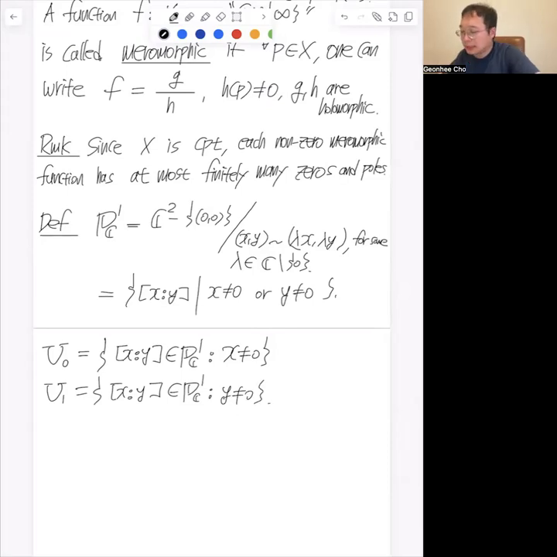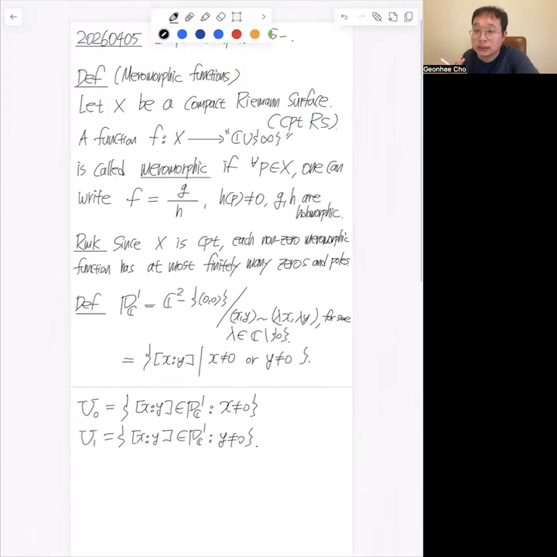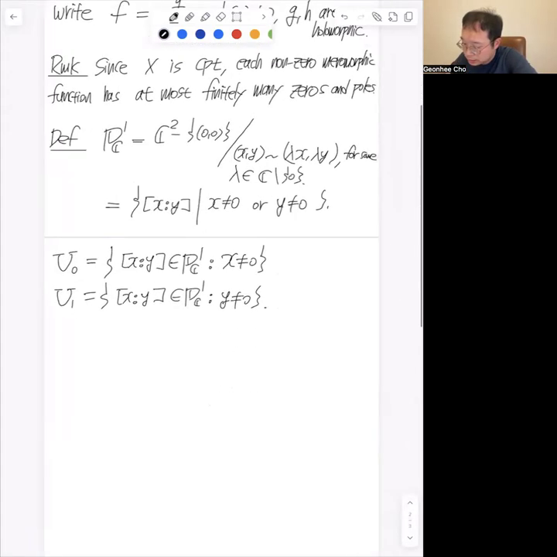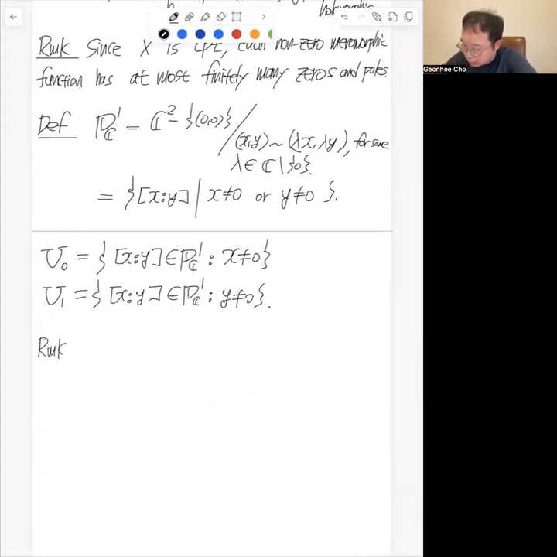Then why is this description of CP1 indeed useful? The reason follows from a simple argument with the definition of CP1. If we take an arbitrary point from CP1, then there are two possible choices.